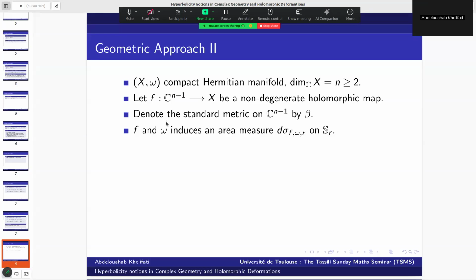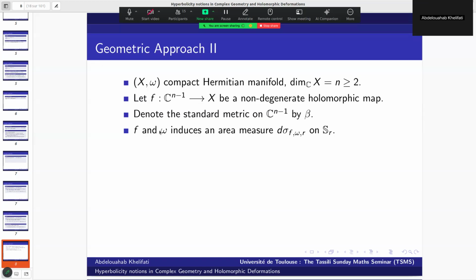So C^(n-1) has this standard Euclidean metric that I will denote by beta. Also, sorry, I forgot to mention that if I have a Hermitian metric on X, since the map F that I define is supposed to be non-degenerate, its pullback defines some kind of degenerate metric on C^(n-1), which means that it's positive outside of an analytic subset of codimension greater or equal than 2.